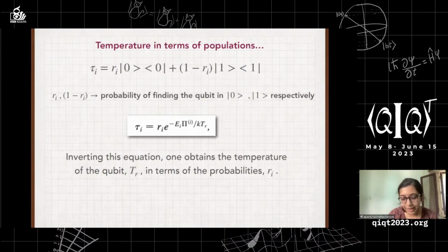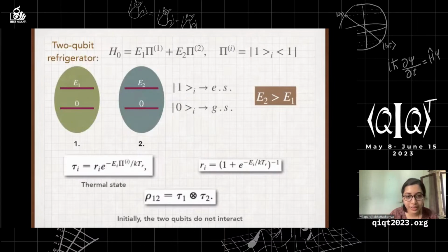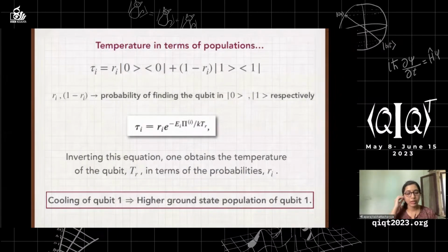Another thing that I forgot to mention is that both of these qubits initially were at the same temperature Tr. Now from this equation we can see that cooling of qubit 1 implies higher ground state population of qubit 1.